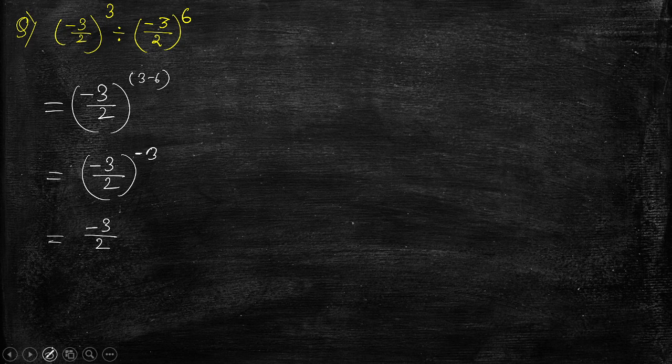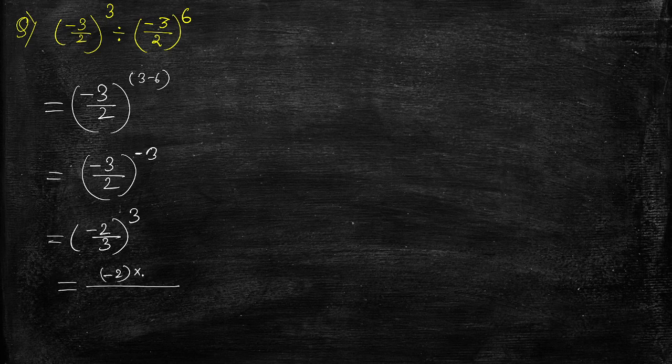So this will be minus 2 by 3 to the power 3. So minus 2 will get multiplied 3 times: minus 2, minus 2, minus 2.